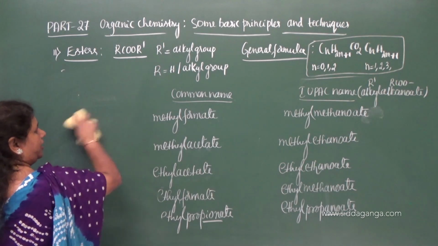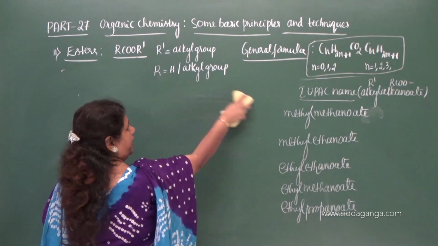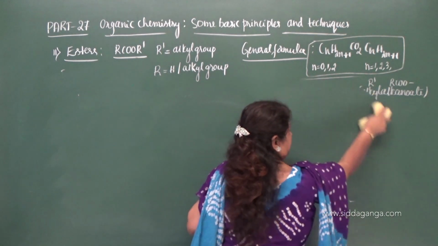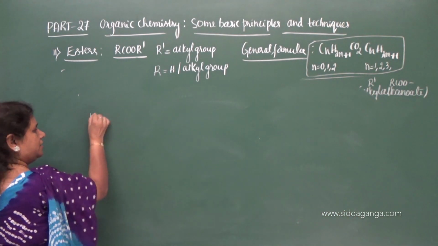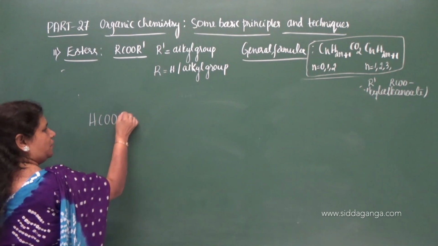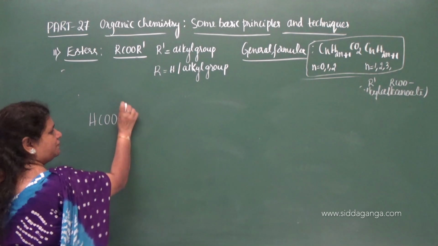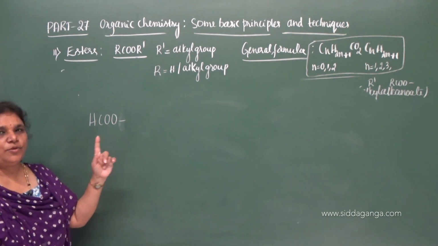Now I will give some groups and you have to write them on one side. The groups are the alkanoate groups. As you know, this is HCOOH, formic acid. Remove hydrogen from formic acid, what does it become? HCOO group.